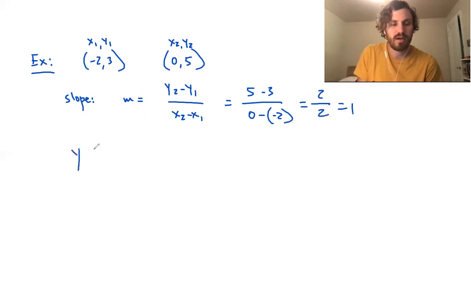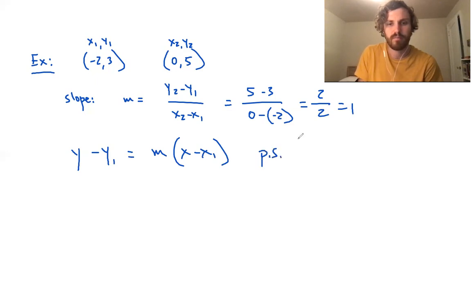Then I could use my formula y minus y sub 1 equals m times x minus x sub 1, which is point-slope form. Yay. And I can write that now as y minus 3 equals m, which is 1, times x minus -2.